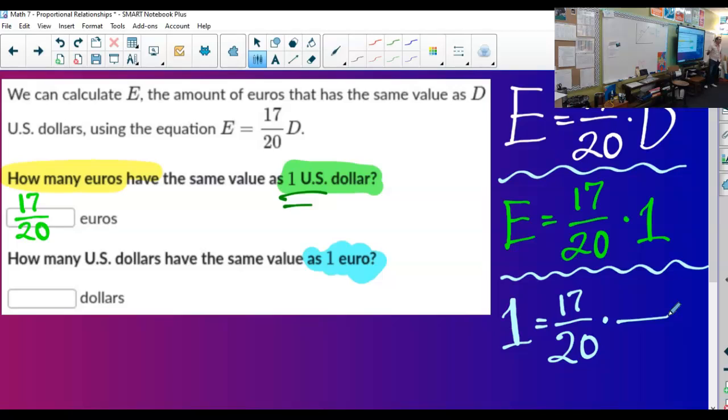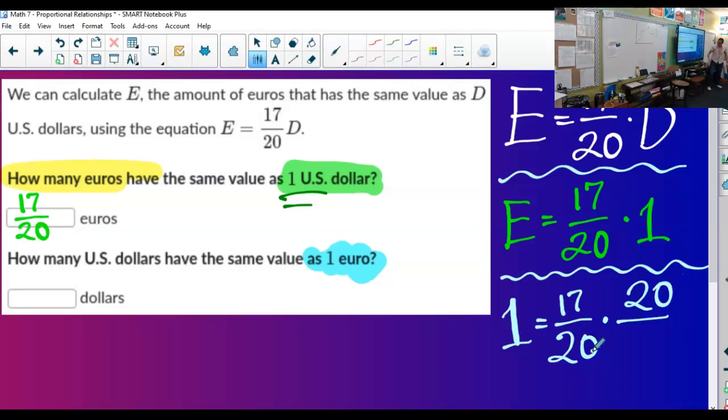Hey guys, what number on top would wipe out my 20 on bottom? What can I put over 20 to just wipe it out? It's right up here, this poster. A 20! A 20 on top will wipe out the 20 on bottom.